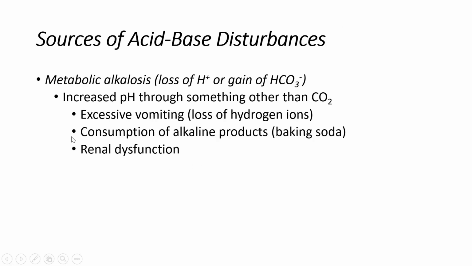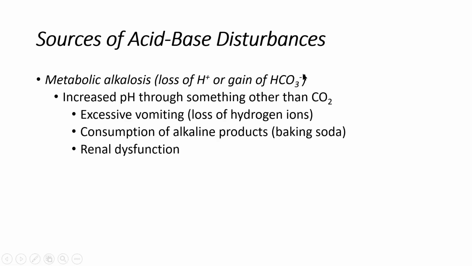And then finally, renal dysfunction. A more correct term here would be renal hyperfunction, not so much dysfunction. So you want to get specific here, and maybe you can put this in your notes: renal hyperfunction. The kidneys have a natural ability to lose hydrogen ions, to secrete hydrogen ions into the urine and reabsorb bicarbonate ions across the proximal tubule.